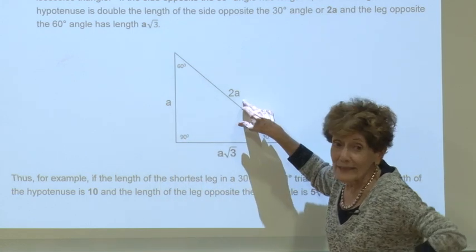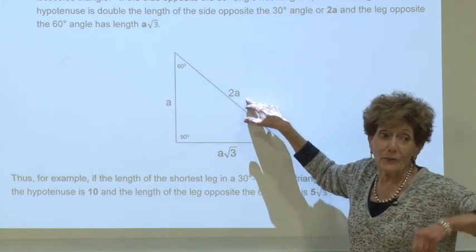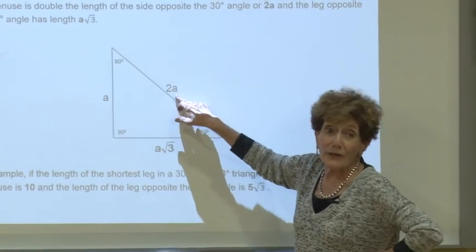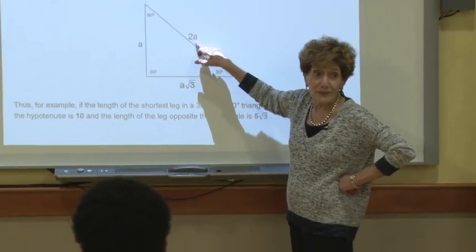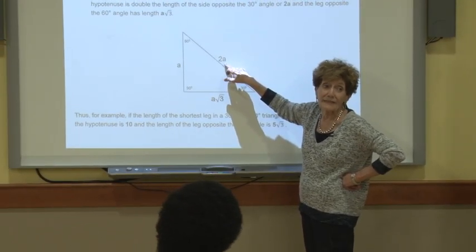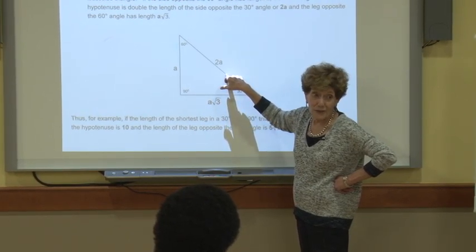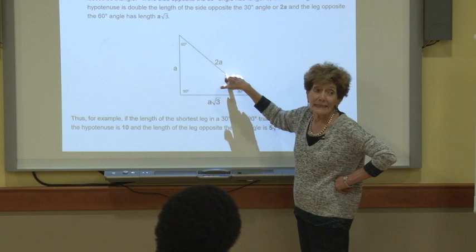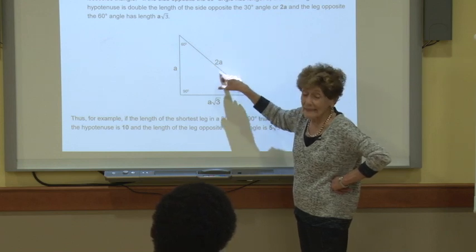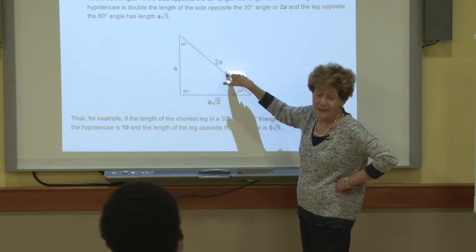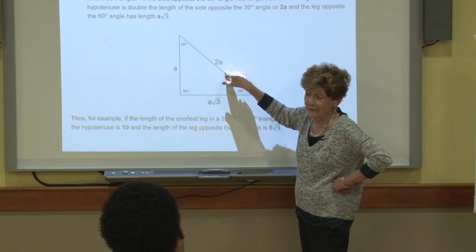In English, what have you done to the 30 side? You have doubled it. That's the math, but isn't the English you've doubled it? Sure.